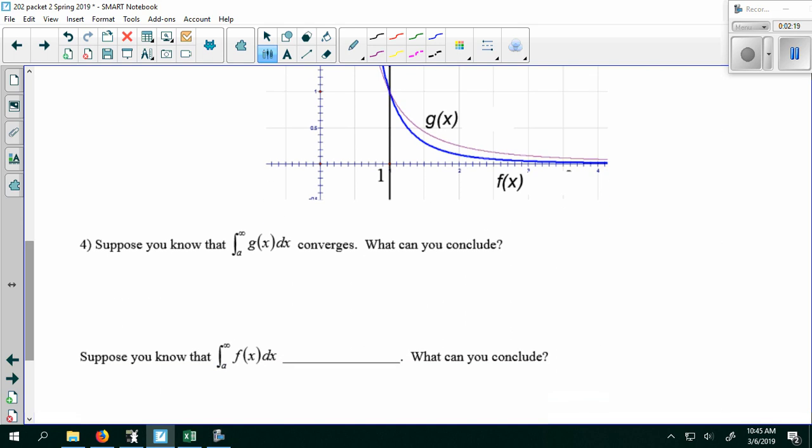Okay, so using this image where f is smaller than g after 1, if I want to integrate from some number a to infinity, so let's just put a in a random spot here, like that.